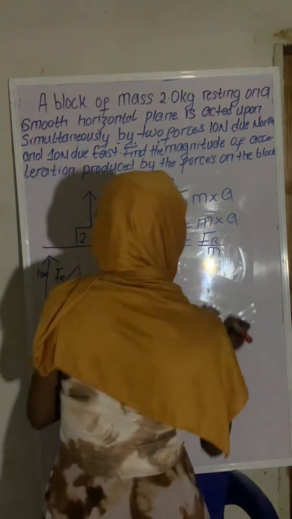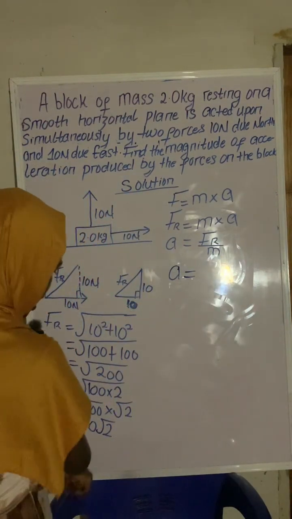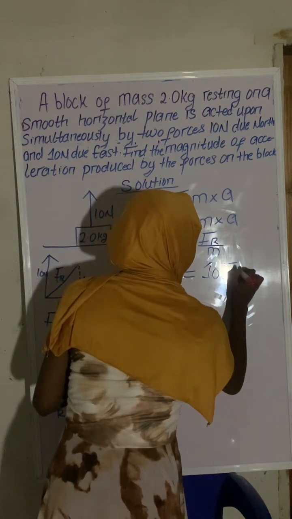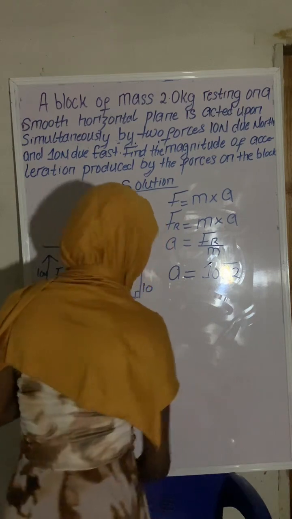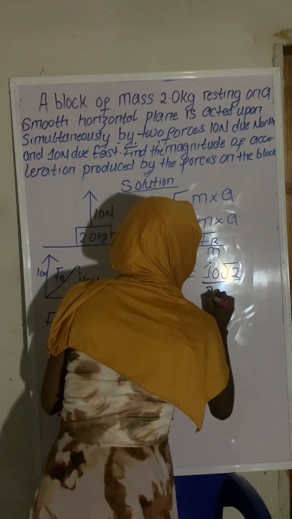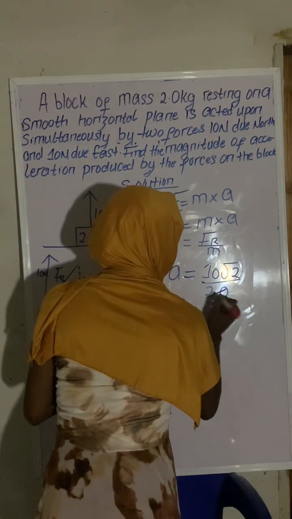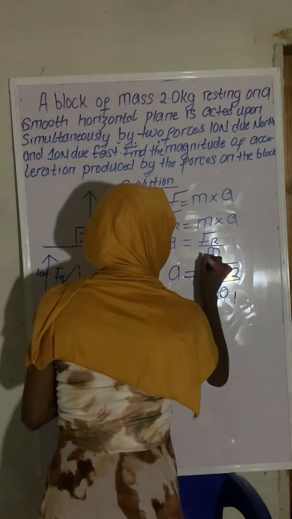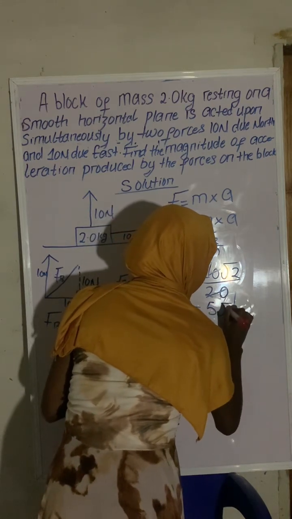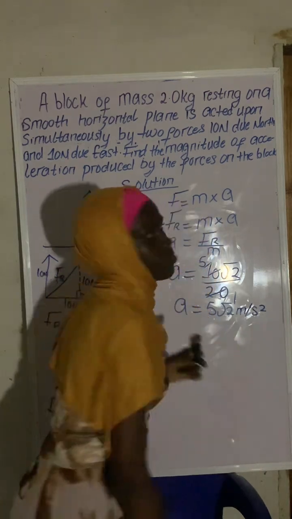Acceleration is equal to our resultant force, 10 root 2 Newton, over our mass, 2.0 kg. 2 into 10 is 5, so acceleration is going to be 5 root 2 meters per second squared. Thank you.